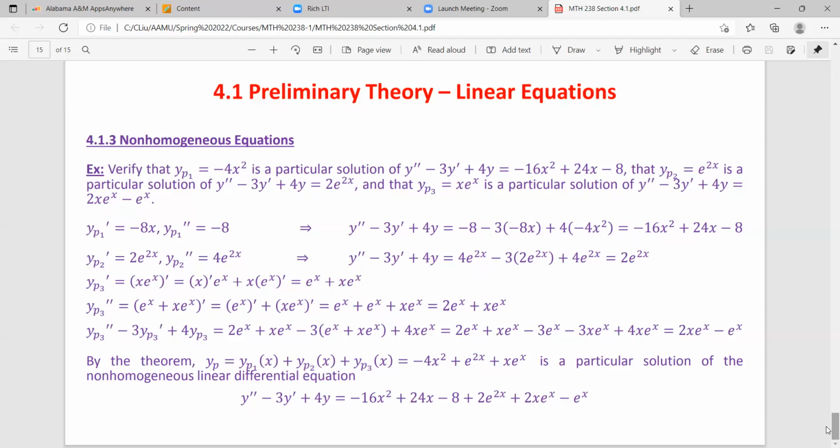So that will be a particular solution of the last non-homogeneous linear differential equation. All right. That's just what I said: we have different functions on the right-hand side of this last equation.